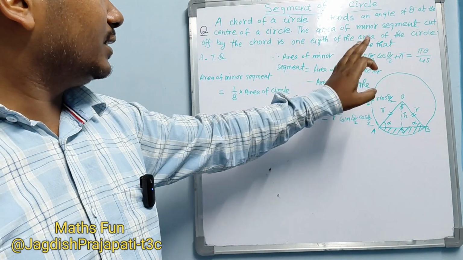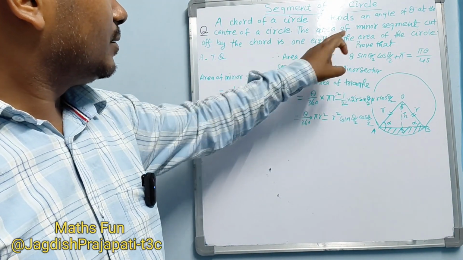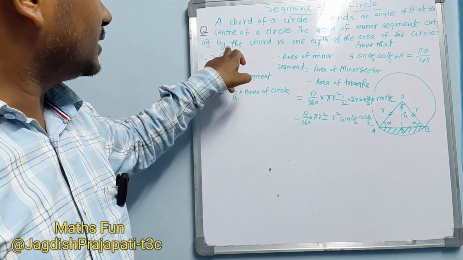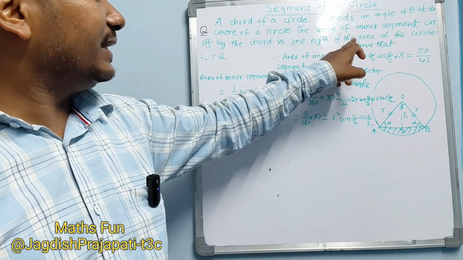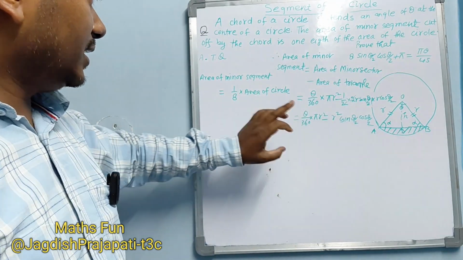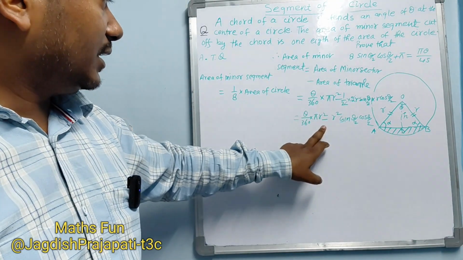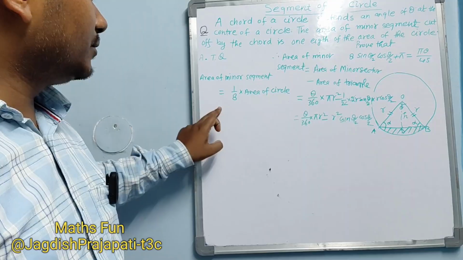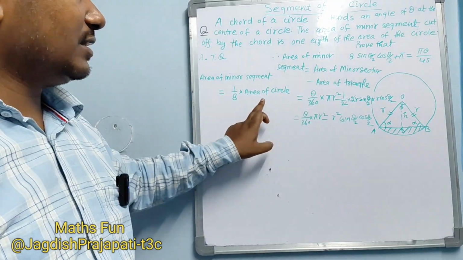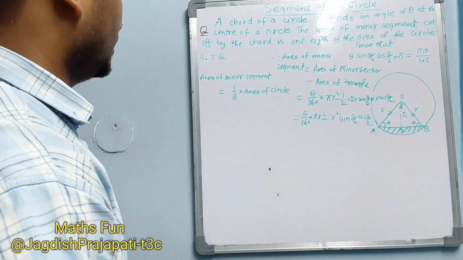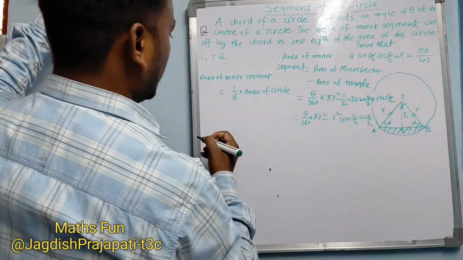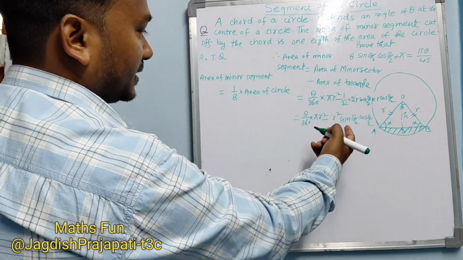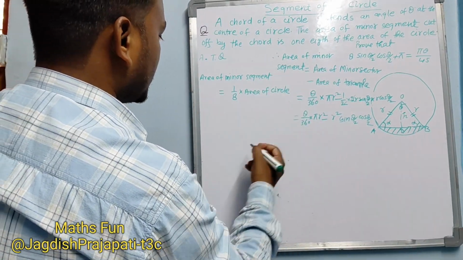It is given area of minor segment cut off by the chord is 1/8 of the area of the circle. It means this area is equal to the 1/8 times of area of the circle, and the area of minor segment is this much.